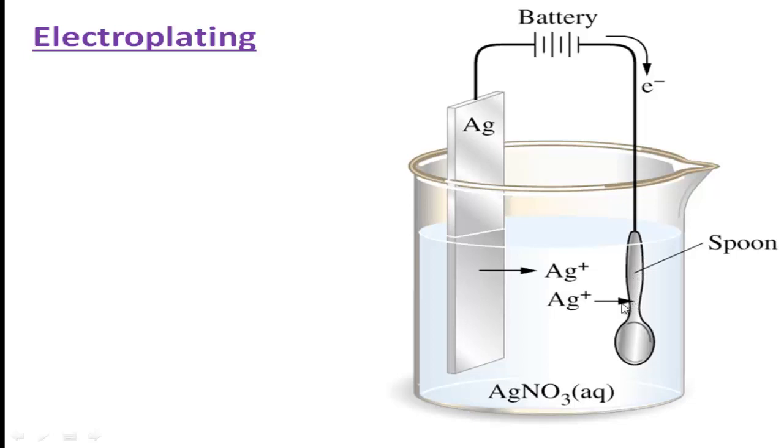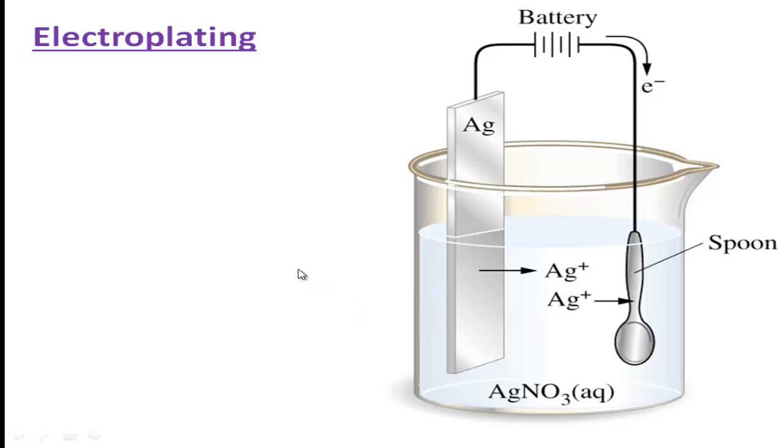Like this way, silver atoms from the silver bar come into the solution, then from solution through the reduction process form a cover on this spoon, and this spoon is plated, coated or covered by silver. Like this way electroplating process is actually done.